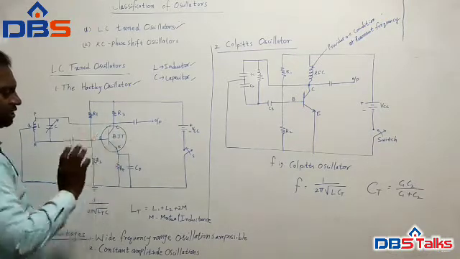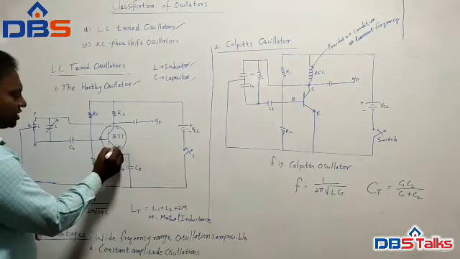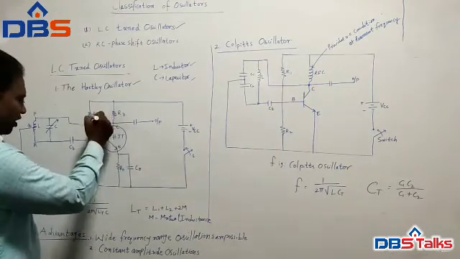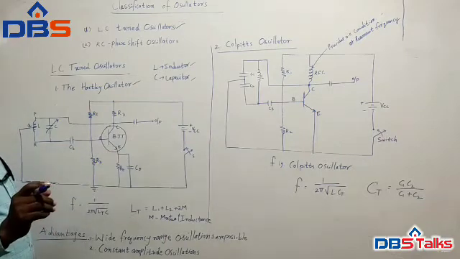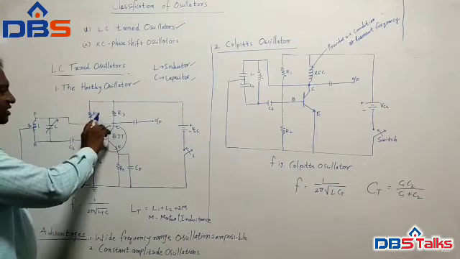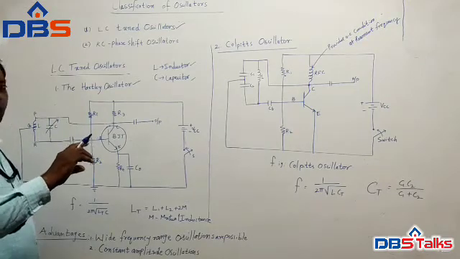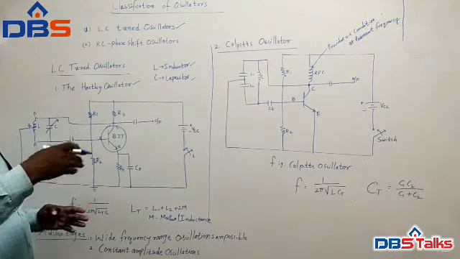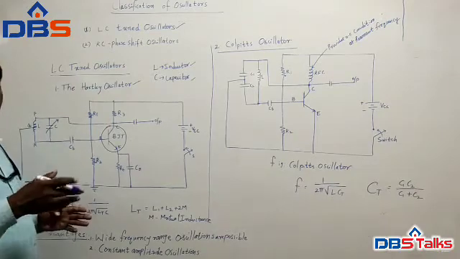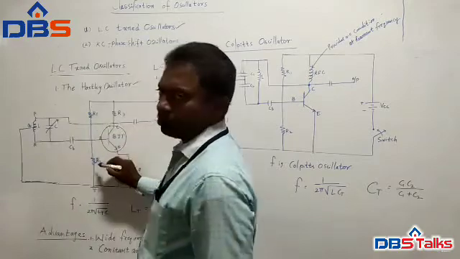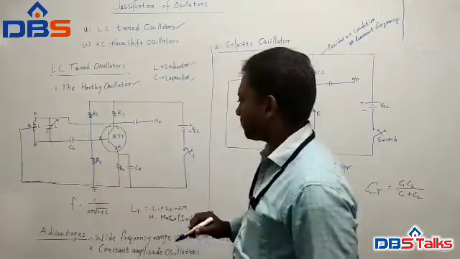This arrow indicates the conventional current direction, and here R1 and R2 are the biasing resistors. These biasing resistors are useful to keep the operating point in the active region.